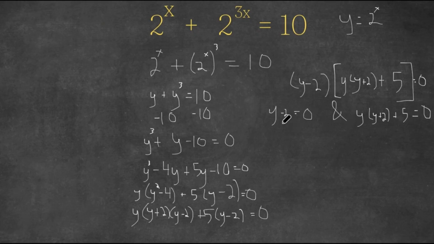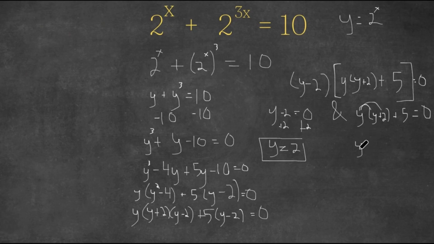Now let's solve our first one here. This one is really simple. We simply add 2 on both sides to isolate y, and we get y is equal to 2. And our next solution, let's first start by distributing our y to y plus 2.